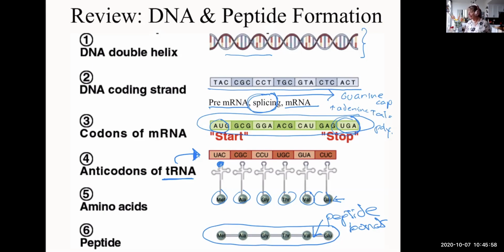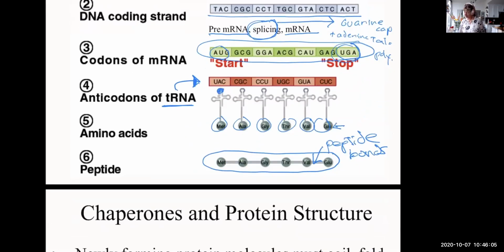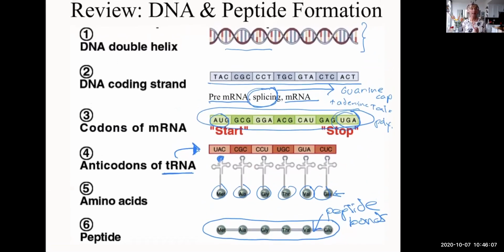Where does this all take place? So there are ribosomes in the cytoplasm. Some ribosomes are attached to the rough endoplasmic reticulum, and some are free. So maybe I'll just add this here now.